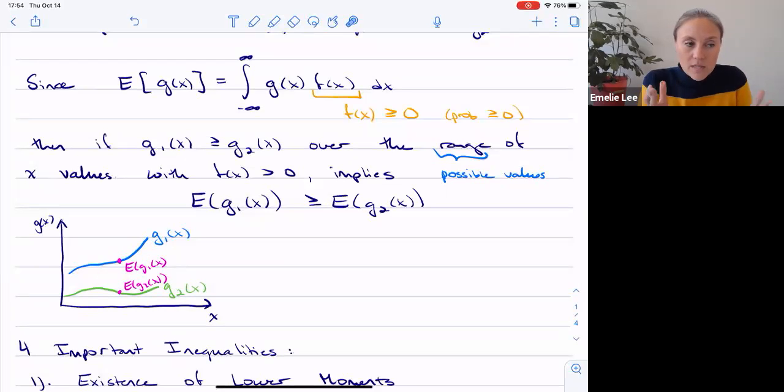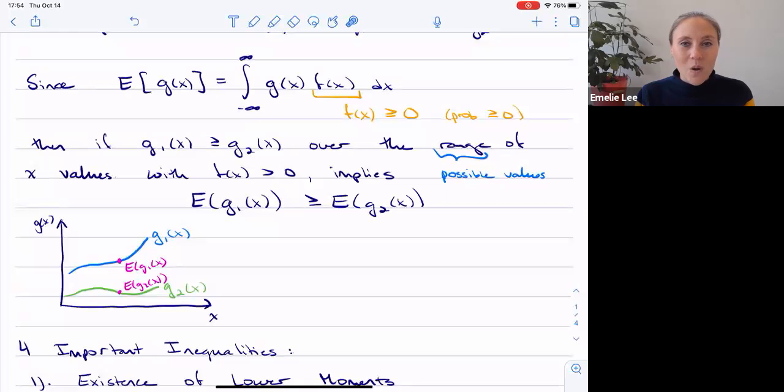So over this interval, we say that G1 is larger than G2. So the expectation value, usually we shortcut it to expected value, is the average of this function. And so it might be here. And so of course, if G2 is consistently lower, then of course the expectation of that function is also lower.